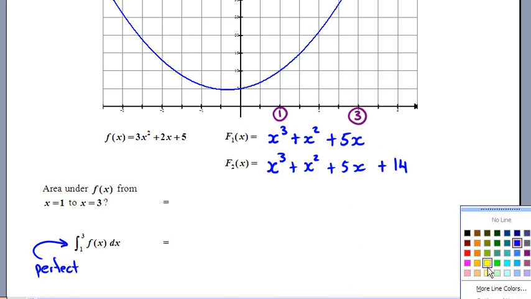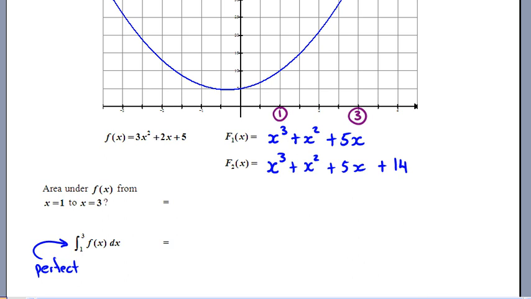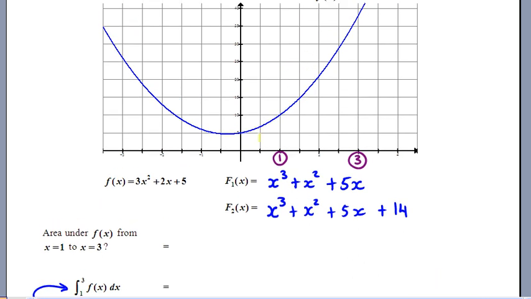And yeah, it's possible that somebody has been accumulating area for quite some time, maybe ever since 0. They might be like, oh yeah, I've been watching how much area there is. And I'm like, oh geez, I wish you hadn't started there. I wanted to start right here at 1. And then they keep on going, and you're like, hey, would you mind stopping?